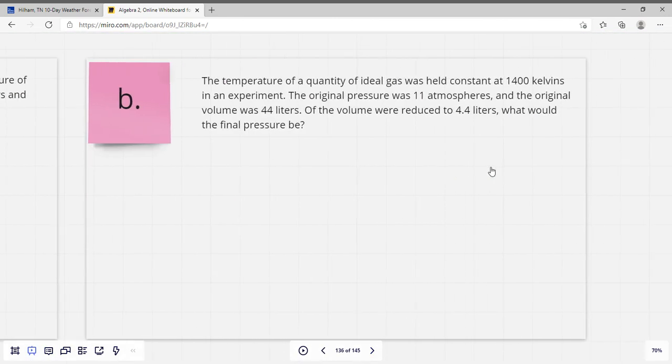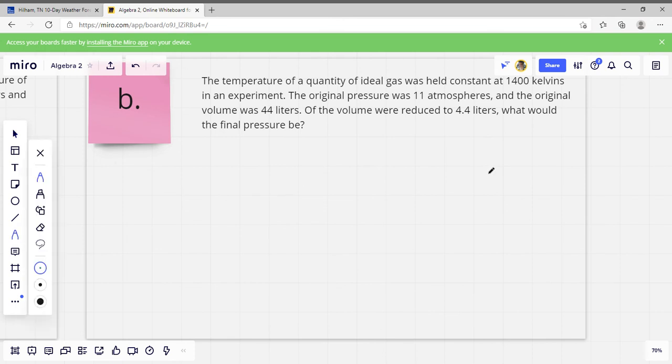All right, before I even read the problem, I'm going to go ahead and set up, it's PV over T. The temperature of a quantity of gas was held constant at 1400 kelvins. So our temperature is our constant, so we're just going to get rid of temperature, and we're going to be using PV equals PV. Okay.